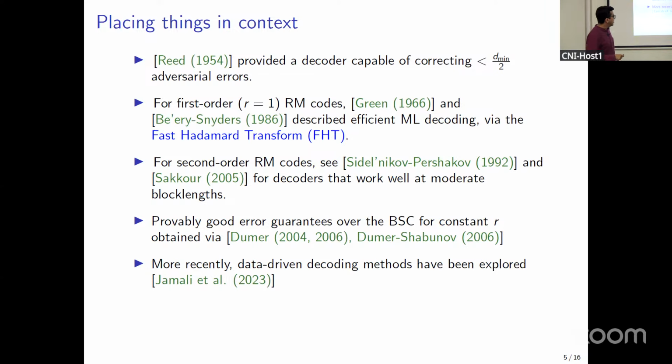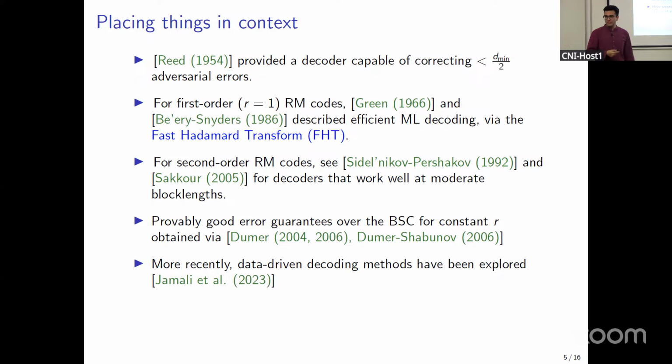For second order Reed-Muller codes, there are also other techniques which achieve good results for moderate block lengths. For this you should see the works by Sidelnikov, Pershakov, and by Sakor. And in the context of Reed-Muller orders that scale with block length, such results can be found somewhat hidden in the works by Dumer.